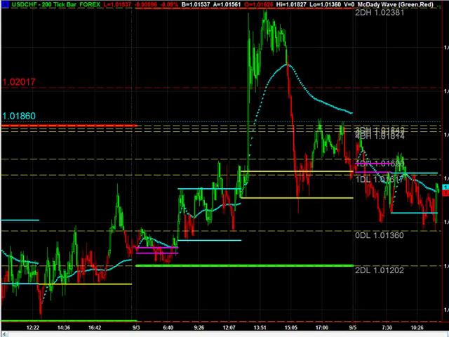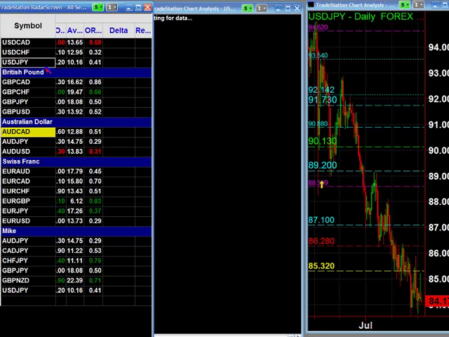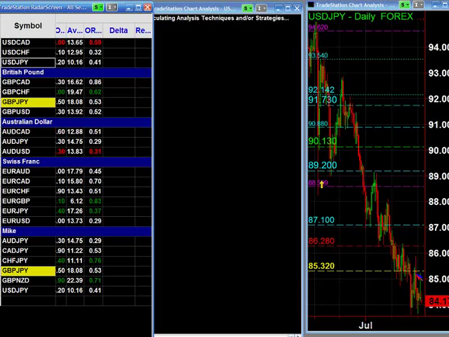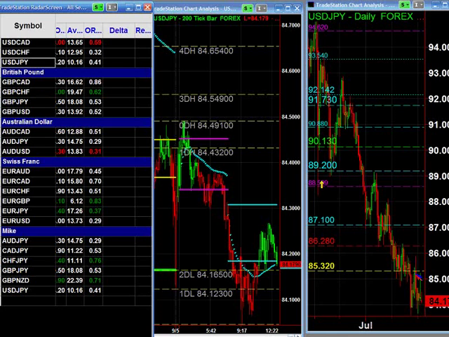Last but not least, the dollar yen is also pretty much similar to the dollar Swiss and the dollar CAD. They're all moving 10, 15 pips. So that is not something that would encourage me to start going in and selling the US dollar or trading the dollar.